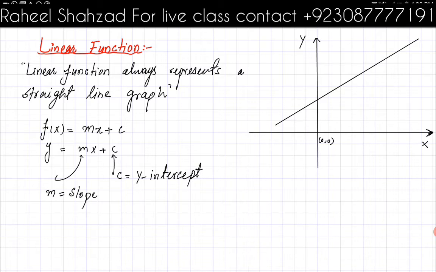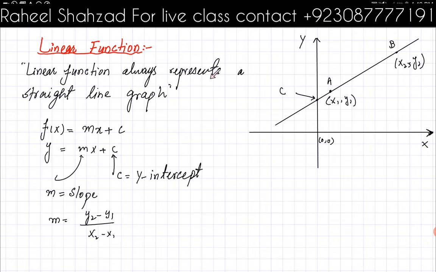For example, suppose we have 2 points on this straight line. This is A and let's assume this is B. The first point is x1, y1, the second is x2, y2. We know that slope is always equal to y2 minus y1 over x2 minus x1, and this point is c, the point where any line cuts the y-axis, known as the y-intercept.